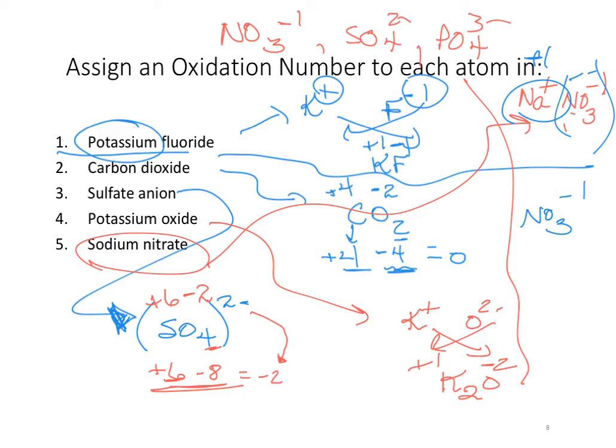And I'm going to, as normal, give the oxygen -2. Do the math below. -2 times 3 is -6. I'm not sure what nitrogen is yet, but when I add it together with -6, I had better get the charge on this compound, which is -1. So now by simple math, you can see that the nitrogen oxidation number is +5. That's it.